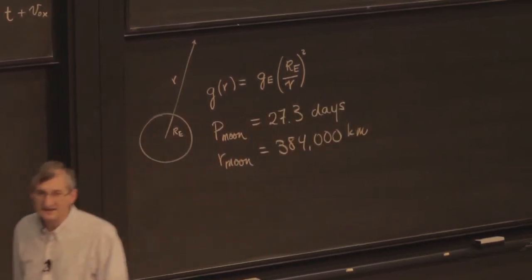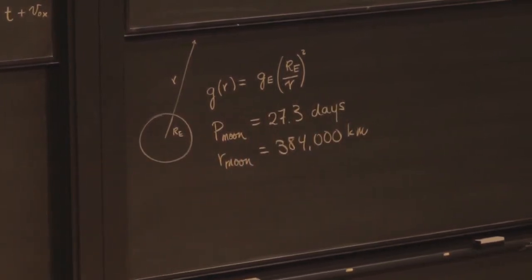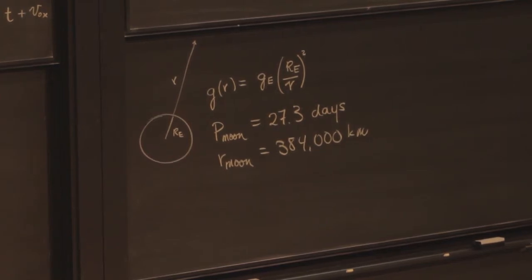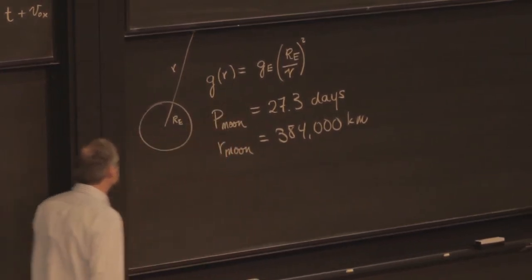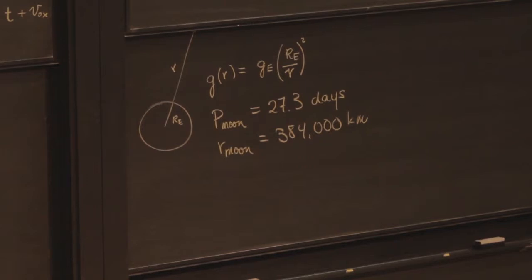Now, I'm not exactly sure what unit Newton used. It was definitely not meters. But from astronomical observations, he did have at least a reasonable approximation for the distance to the moon.